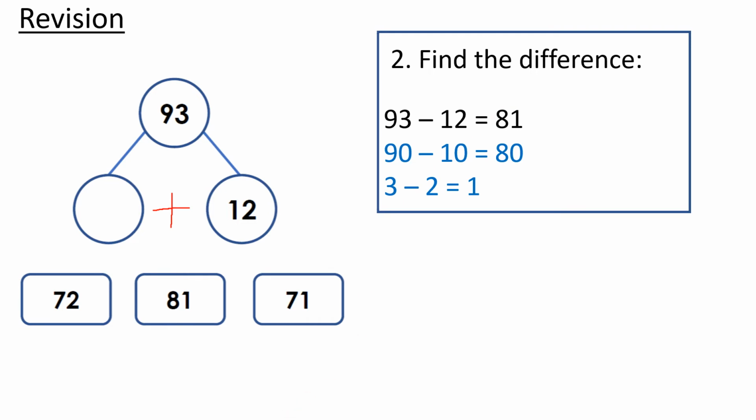So I can write in 81 as this part of the part-whole model. Now, for this one, if you had wanted to, you could have used the column method, like I said before, because you've got two-digit numbers. But I thought it'd be a bit speedier for me to partition this time.